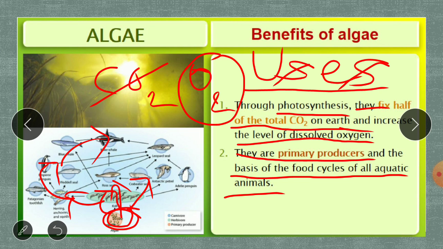Algae are mainly aquatic, so in the water, algae are the main source of food for many organisms, directly or indirectly. So they are the primary producers.